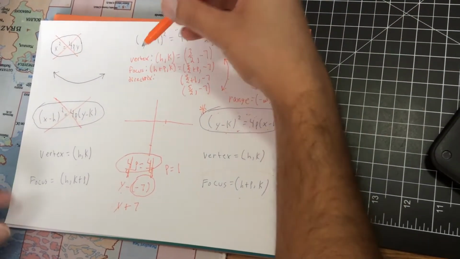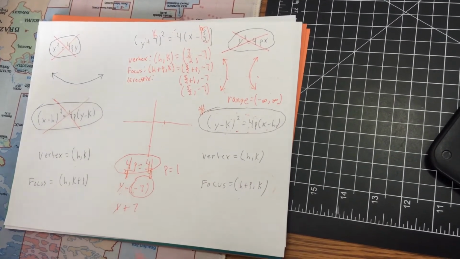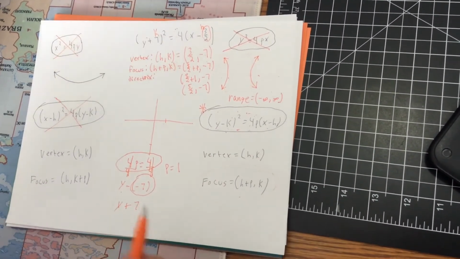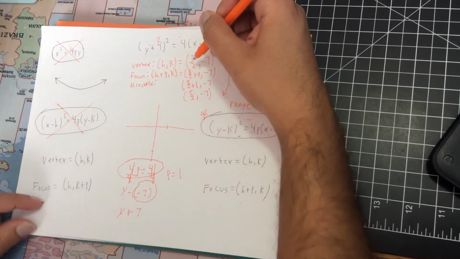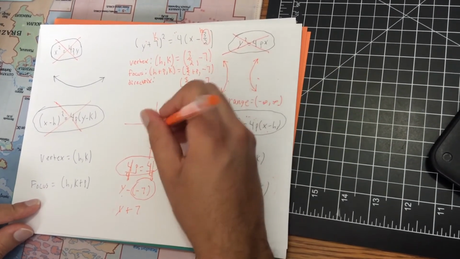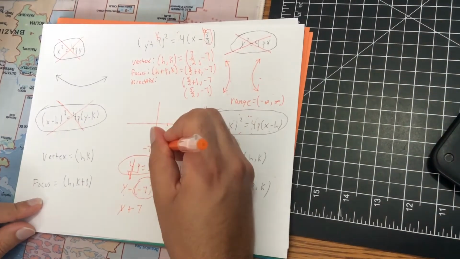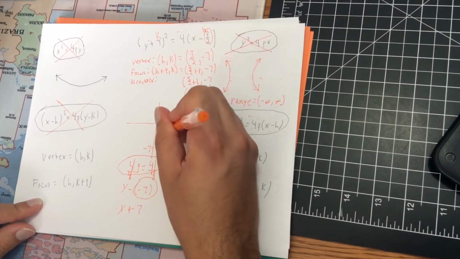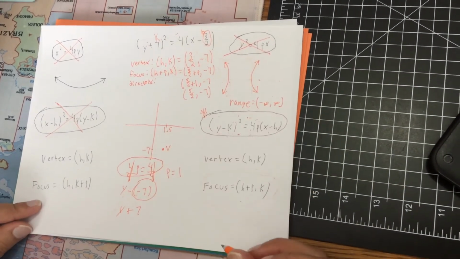All right, so we have the vertex and we have the focus. Now we're going to graph what information we can. We have our vertex, which is 3 over 2, -7. So 3 over 2 is over here, and -7 is over here. 3 over 2 is 1.5, and here's our vertex.